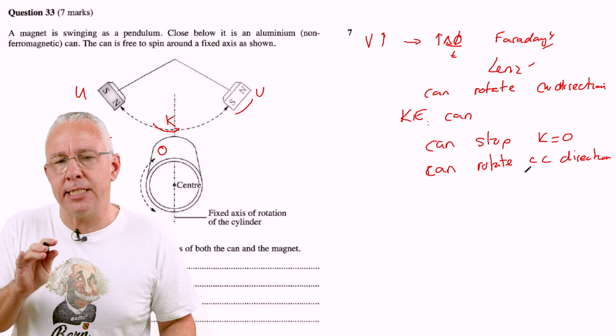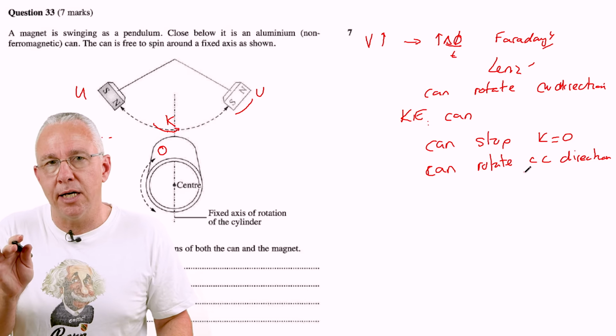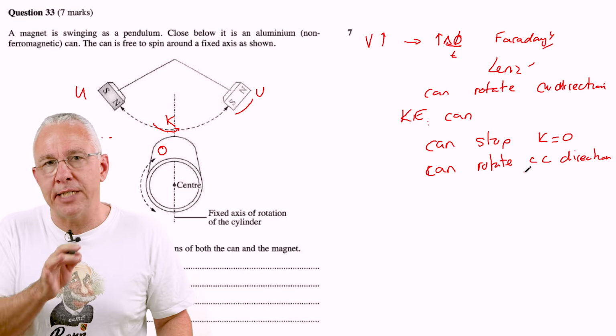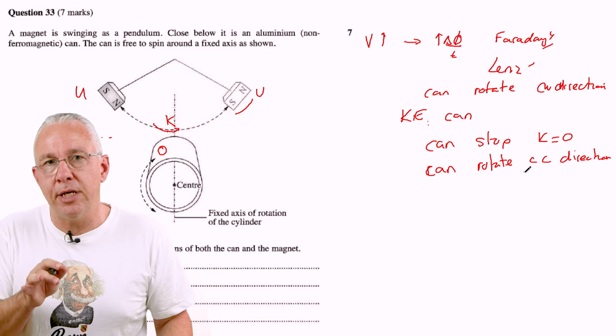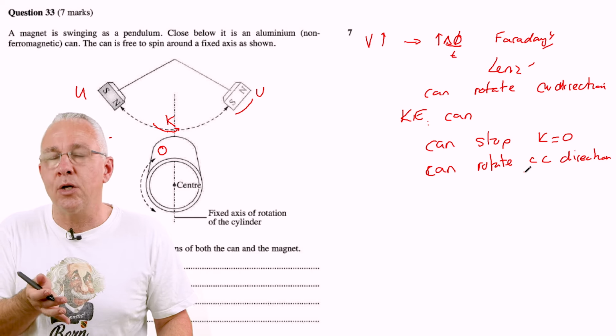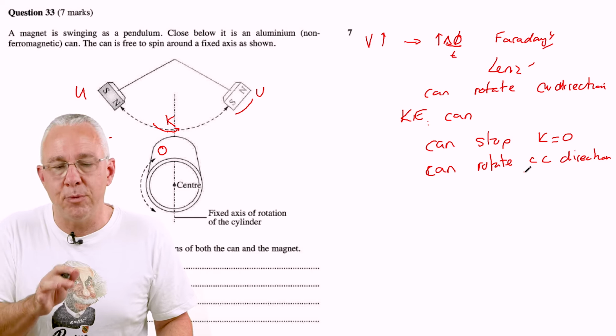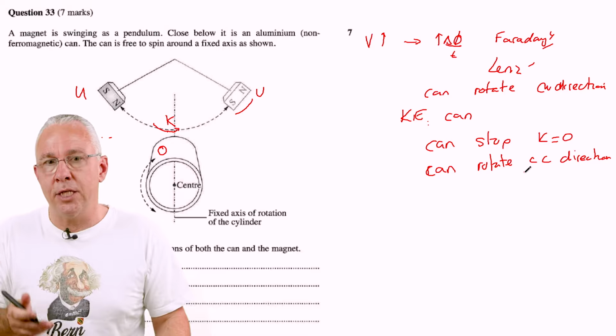So what we have is, as the pendulum swings back and forth, a conversion of gravitational to kinetic energy. We also have a change in the can's kinetic energy as it rotates initially in the clockwise direction and then afterwards in the anti-clockwise direction. And of course, this repeats as it goes on.